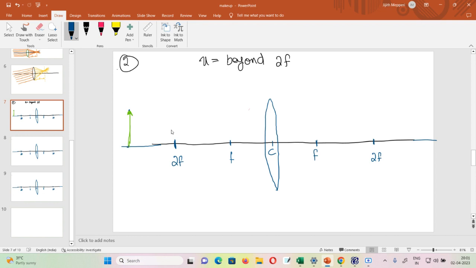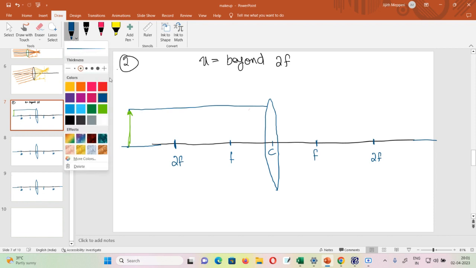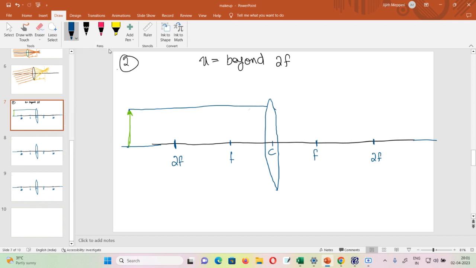So I will draw one ray which will be going parallel to the optic axis. This is actually our choice, such that we know that the ray which is parallel to the optic axis will focus, or it will pass through the principal focus of the lens. So this ray, after passing through this lens, will pass through the focus of the lens.